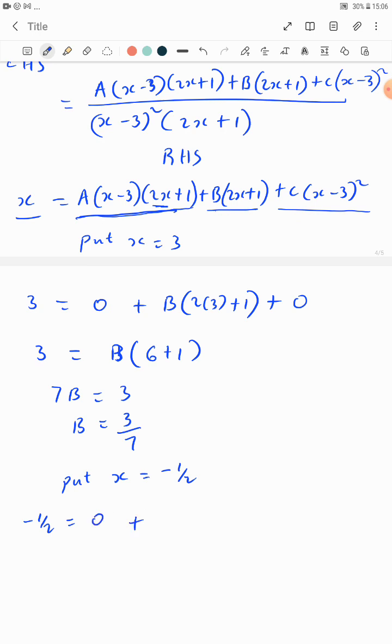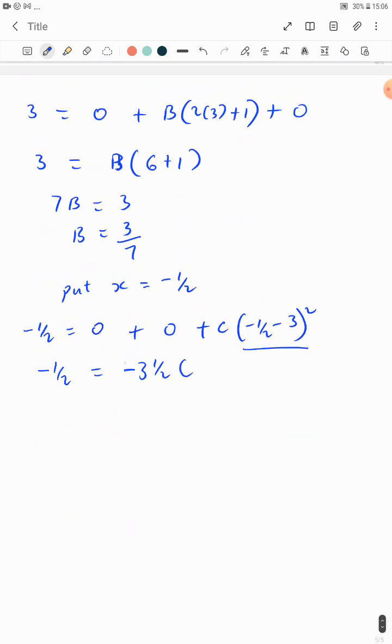Everything about this B will become 0. And then we have C times (minus half minus 3) raised to power 2. So this will give me minus half. This will give us equals minus 3 and a half, C.